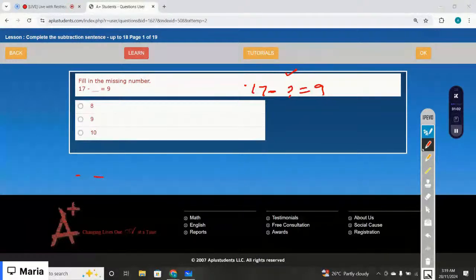So when you are missing the smaller number, you have to subtract the given number and the difference. The given number is 17. The difference is 9. So 17 take away 9 is 8. That means the missing number is 8. That is the case when the smaller number is missing. You have to subtract the given number and the difference.